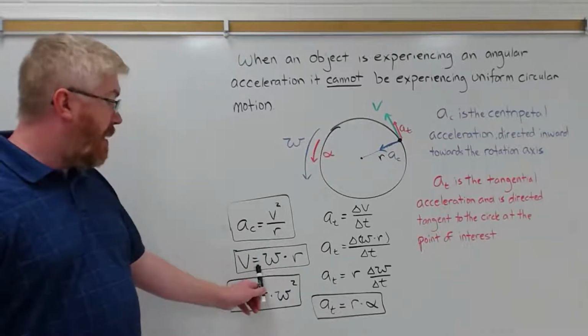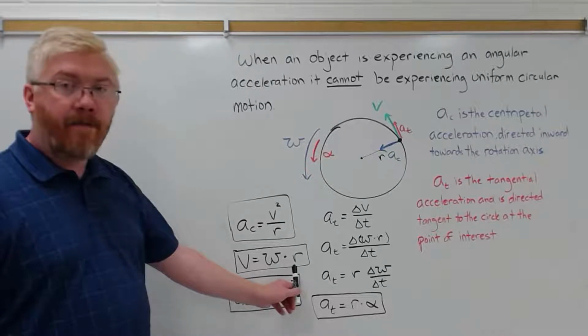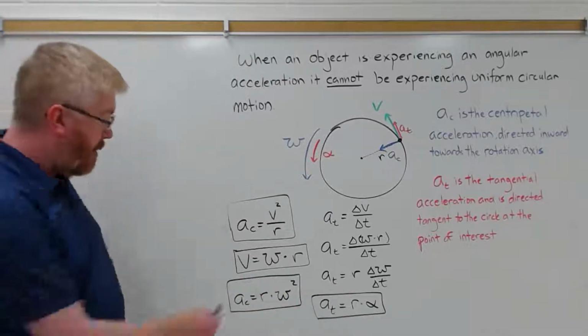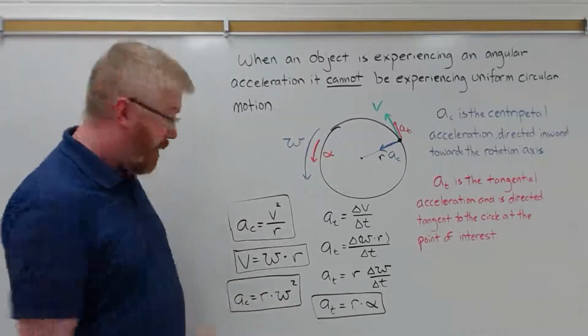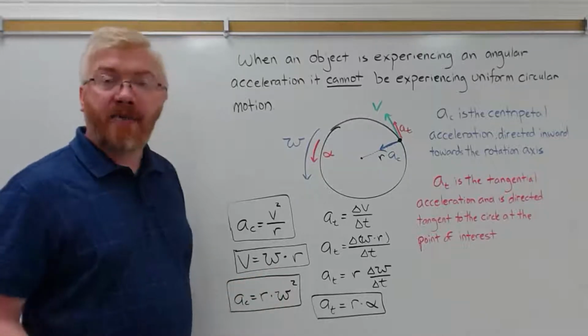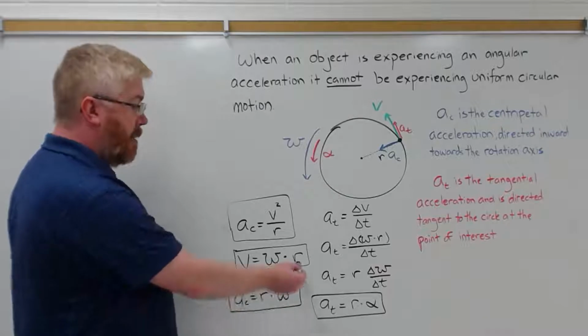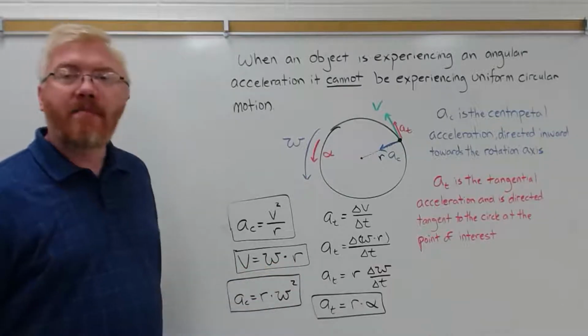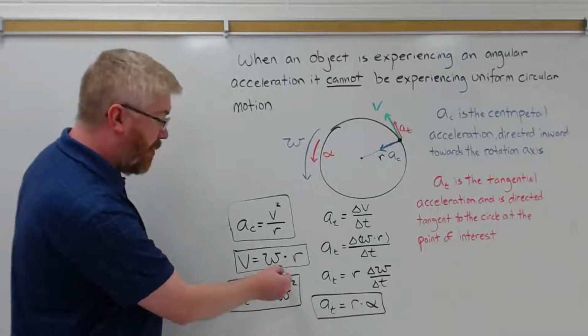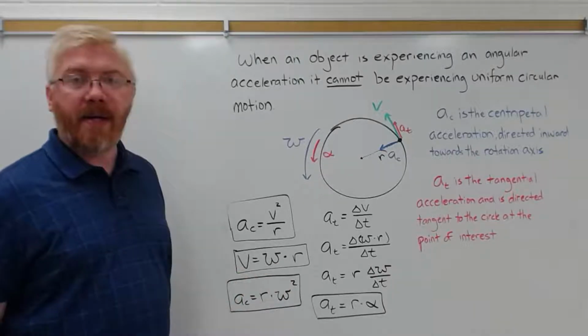So linear speed is equal to angular speed times r. Now the units work out too, right? Linear speed is in meters per second. Omega is radians per second. Radian is a non-unit, so it's just basically per second. And times radius in meters, so this becomes meters per second, which is the linear speed.